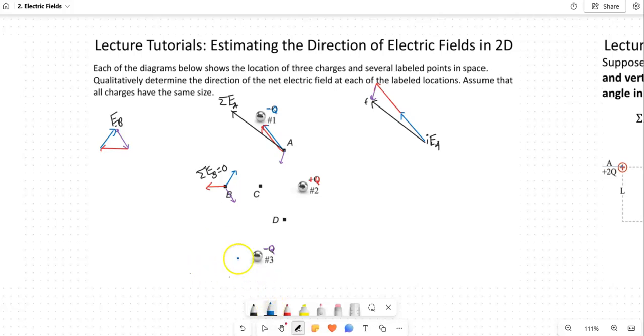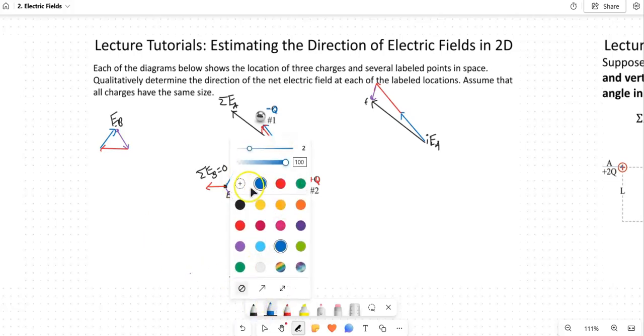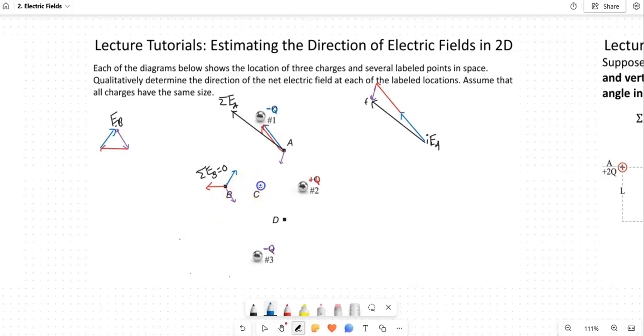I'm going to do C over here. Well, I'm going to do it right on here first. So the blue guy's electric field vector is going to be a little bit larger than this guy and pointed up. The red guy's electric field vector should be a little bit even larger than the blue guy's and pointed to the right.